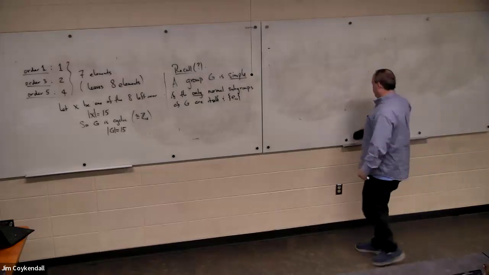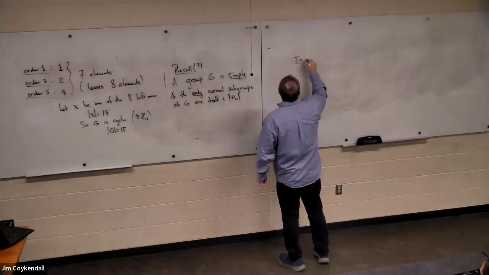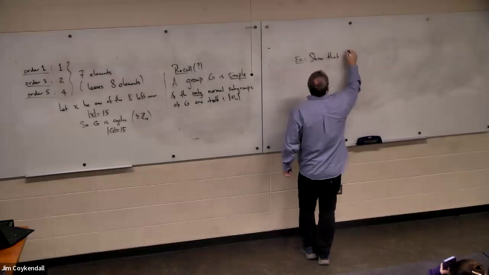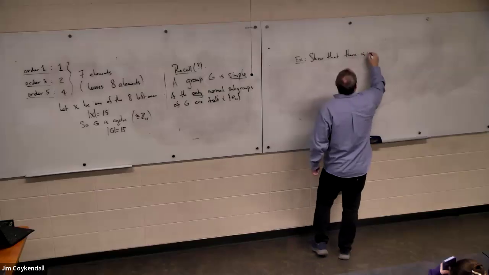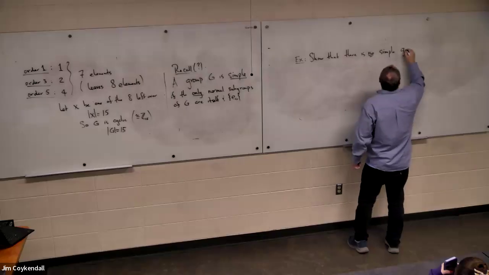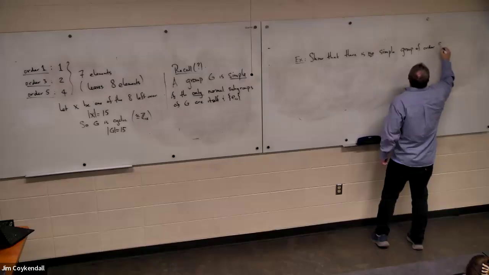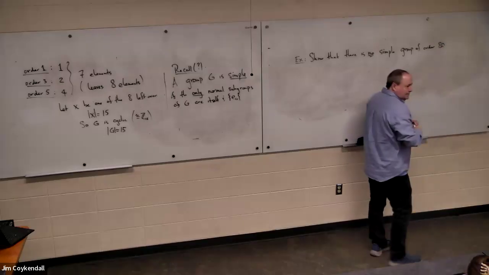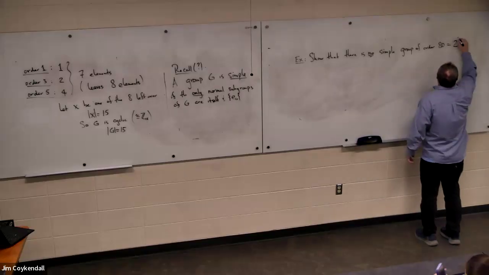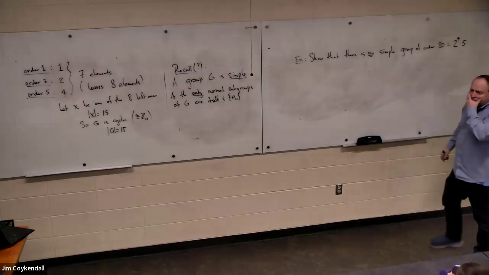Show that there is no simple group of order 80, which is 2 to the 4th times 5.